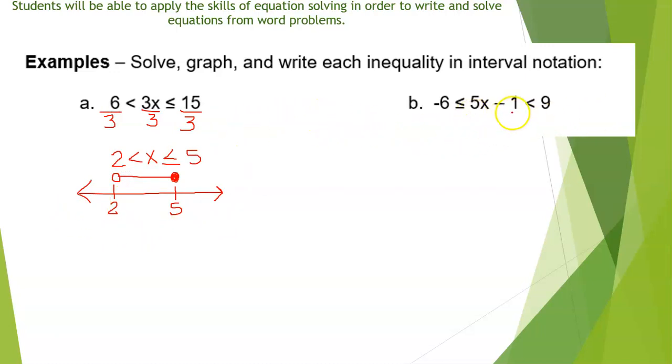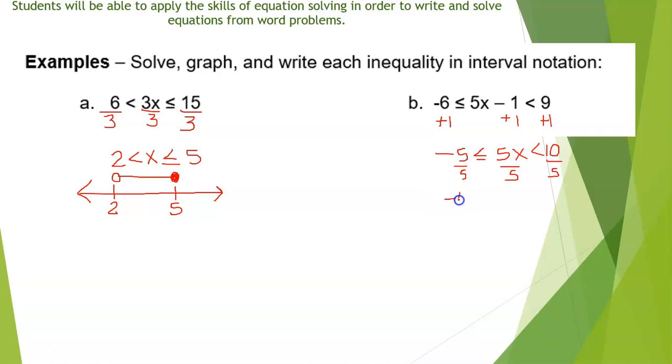Likewise for letter B, except this time we have something being added or subtracted to the x. So we start by adding 1 in every spot. So -6 plus 1 is -5, is less than or equal to 5x, is less than 10. And now we want to get x by itself, so we divide everything by 5 because that's what's with the x.